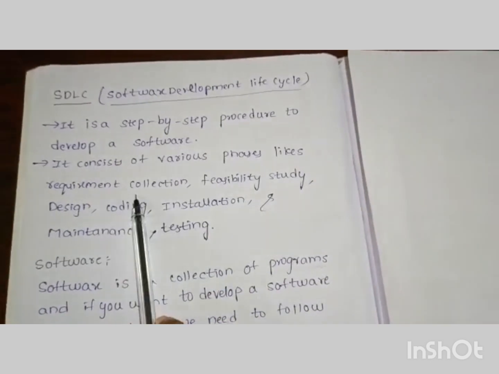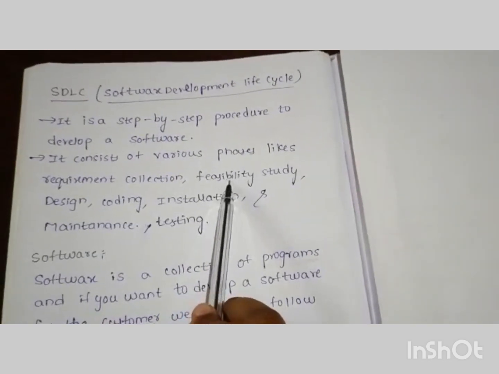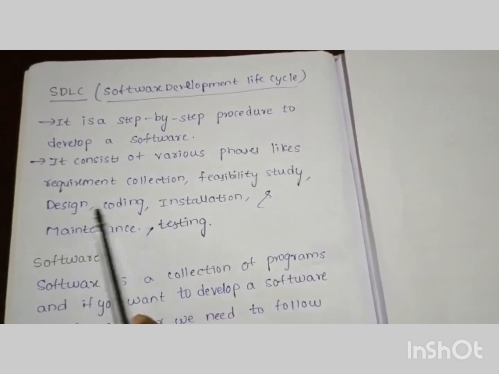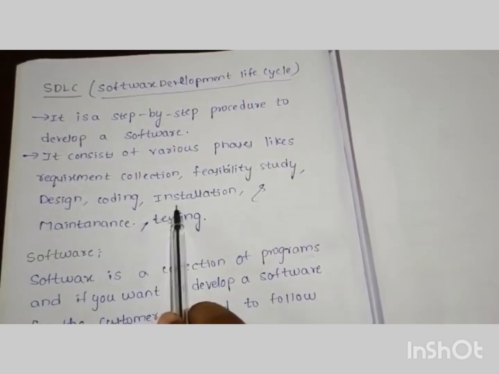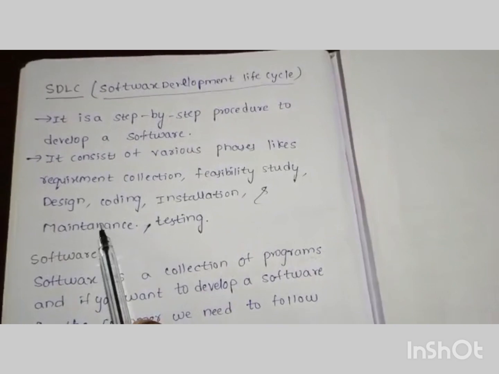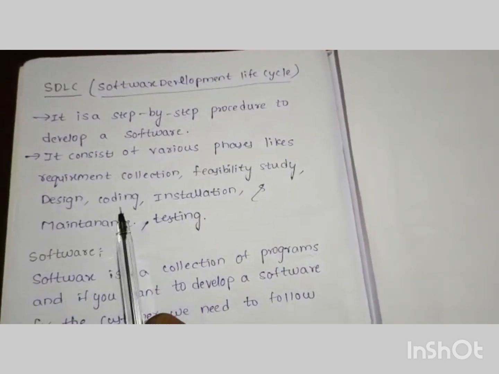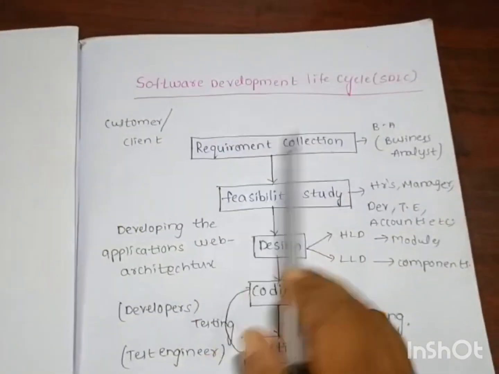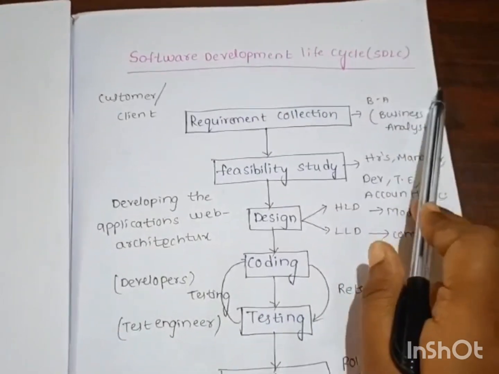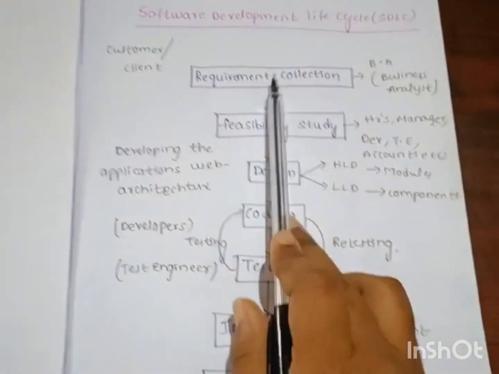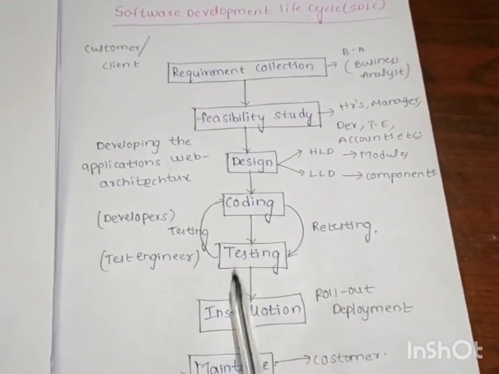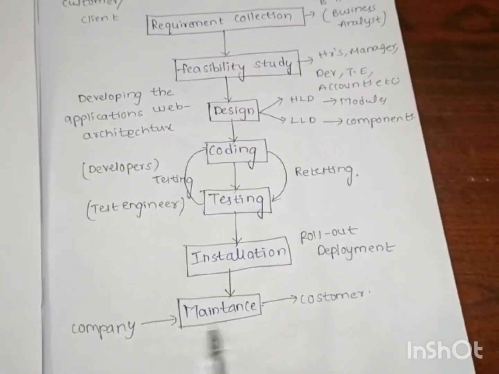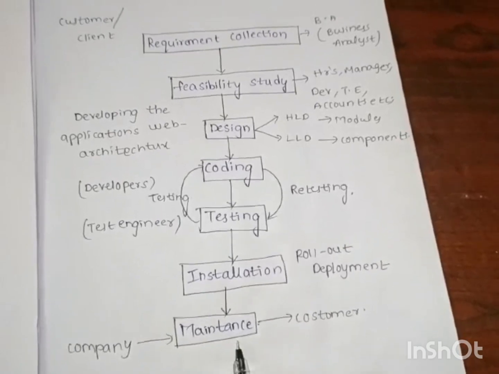First one is requirement collection, second one feasibility study, third one design, fourth one coding, and fifth one is testing. Next, sixth installation, and last is maintenance. So guys, this is the software development life cycle, SDLC.